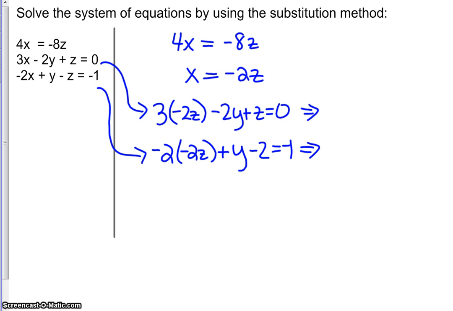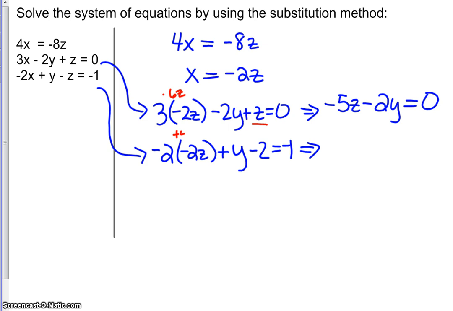This together is a negative 6z, and the positive 1z gives me negative 5z minus 2y equals 0.